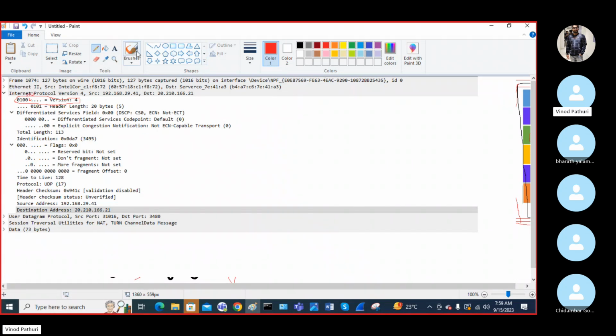Okay, you have a total of 32 bits by default in IP. So total 32 bits. We will call them 4 octets.